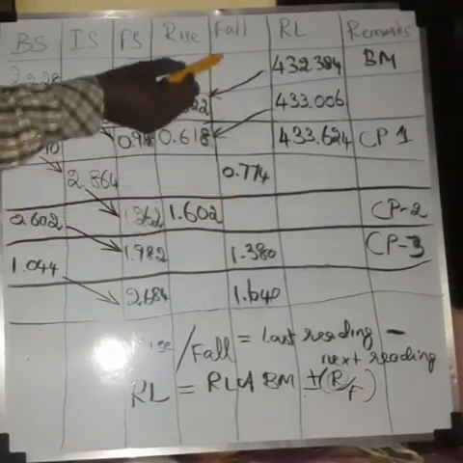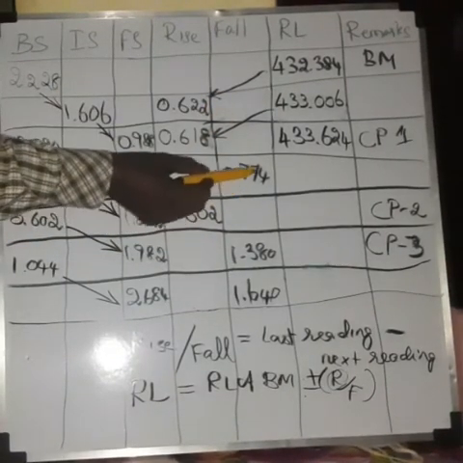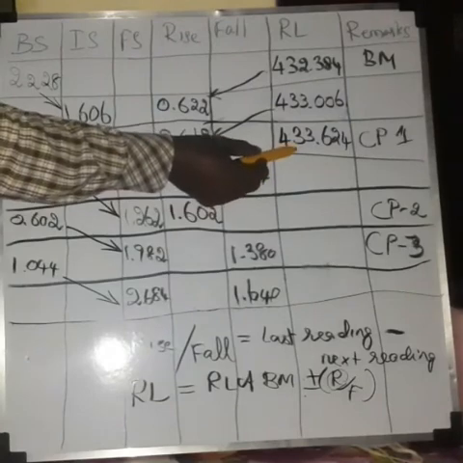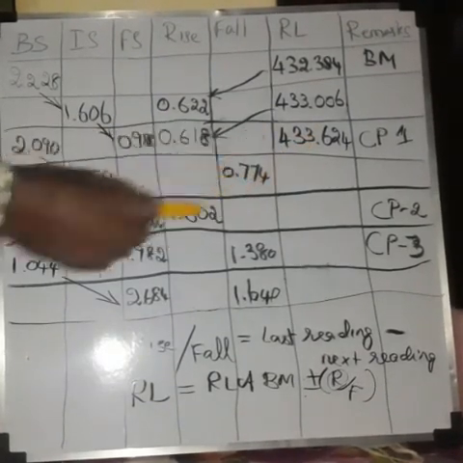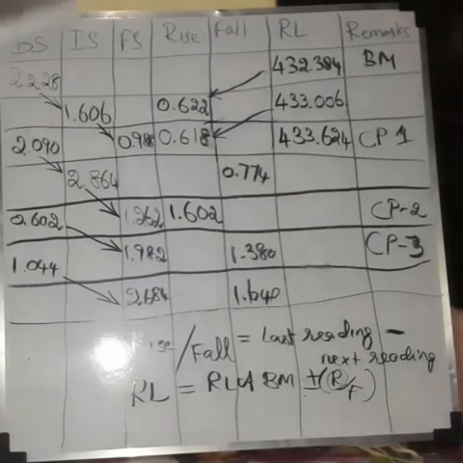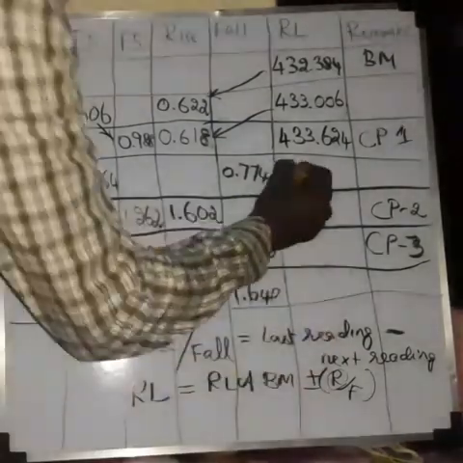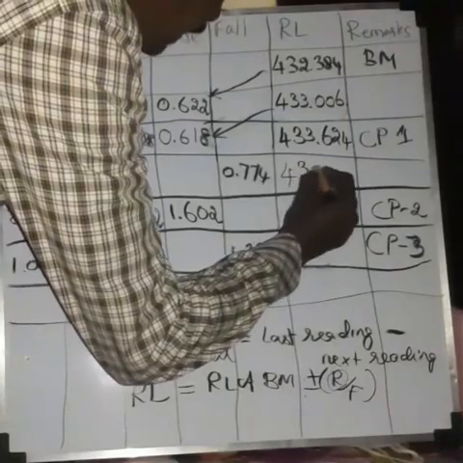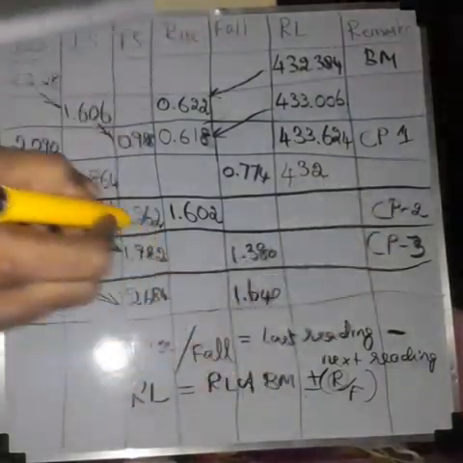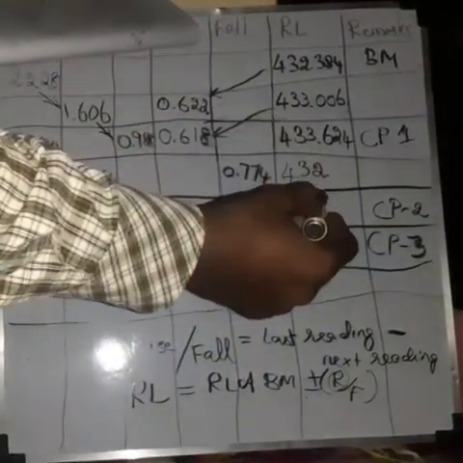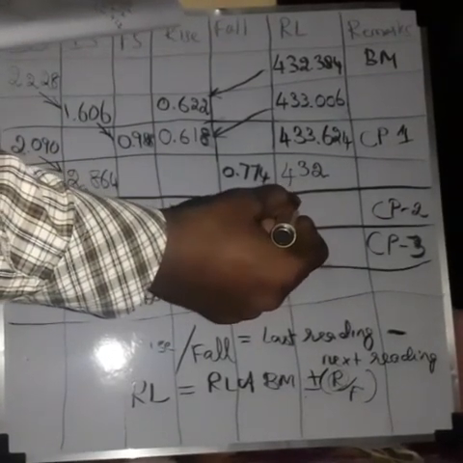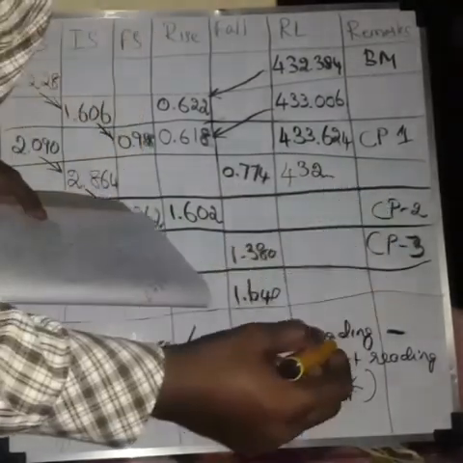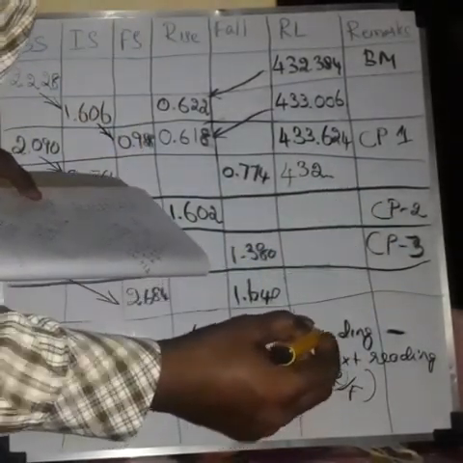The next difference lies on fall only, so we subtract: the RL of previous point minus 0.774. What is the value? 432.850.